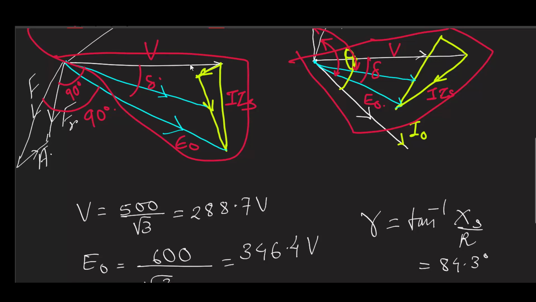What is this angle? This is basically gamma, right? And what is this angle? This angle is theta. So what is the angle between V and I Zs phasor? That is gamma plus theta.